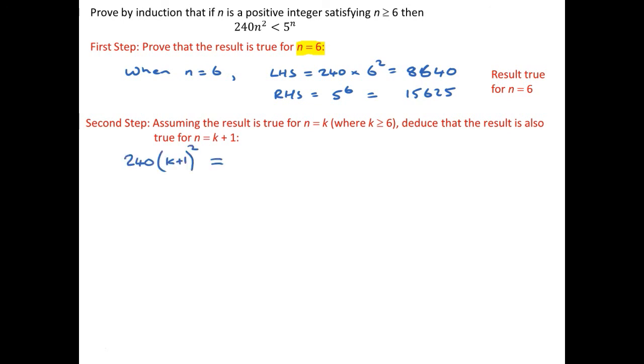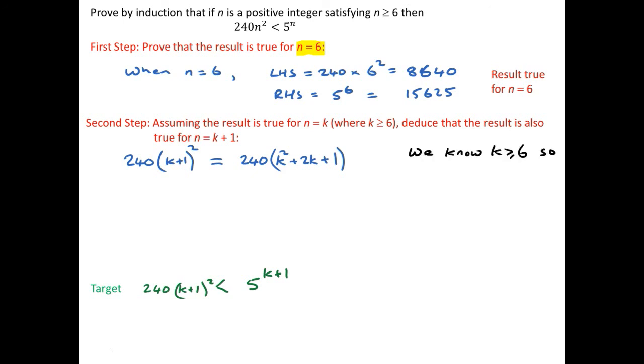So what we've got to do is try to show that 240 times (k plus 1) squared is definitely going to be less than 5 to the k plus 1. Now 240 times (k plus 1) squared is the same thing as 240 times (k squared plus 2k plus 1).